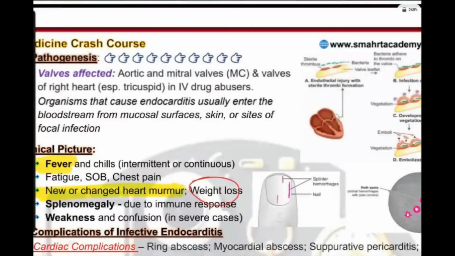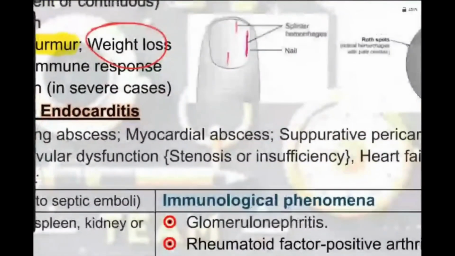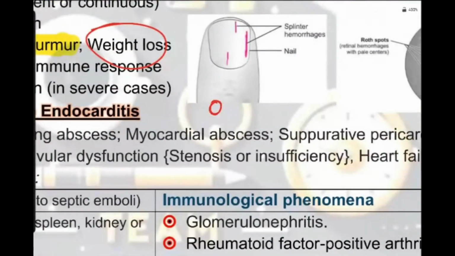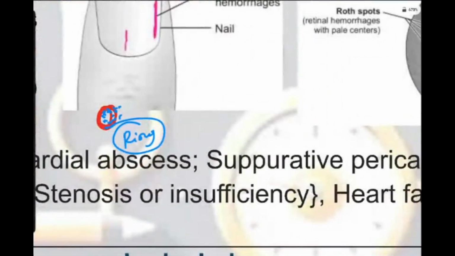So what are the complications? In infective endocarditis, the infection goes haywire. Around the VSD the bacteria stick, and this is basically a ring abscess. The bacteria are sticking in the endocardium.